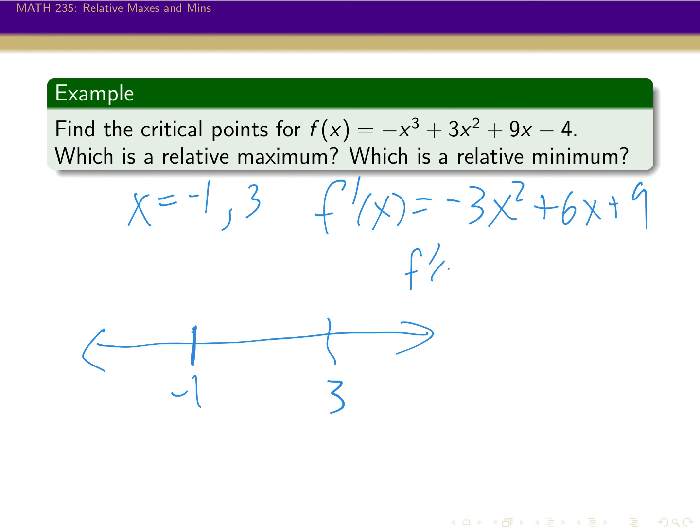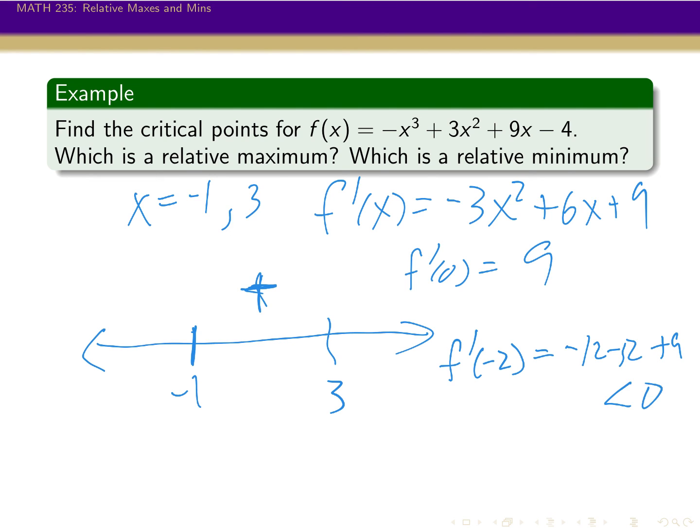If I plug 0 in here, I get 9 out of my derivative. And so the derivative values are positive between -1 and 3. If I plug in something a little bit to the left of -1, so say -2, this would be -3 times 4 is -12, minus another 12, plus 9, that is going to be less than 0.